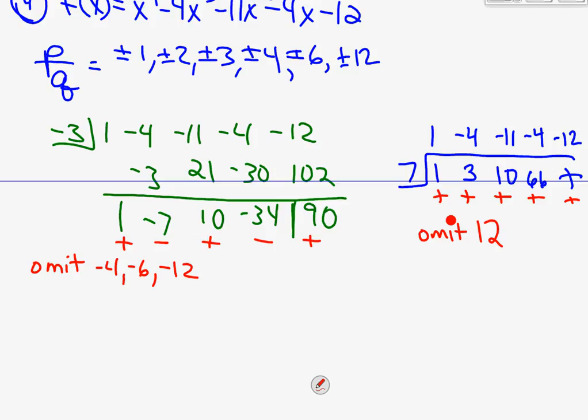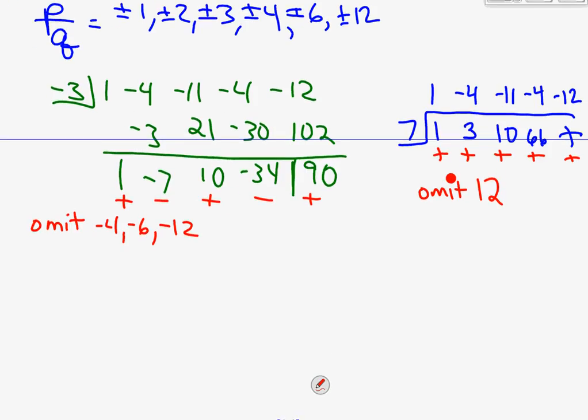So that's one of the reasons I alternate positive and negative, because if there are going to be rational roots, they're generally going to be a little on the closer side. So, you know, I would never start my synthetic division with like the 12 or the negative 12. I always start with kind of the closer to zeros.